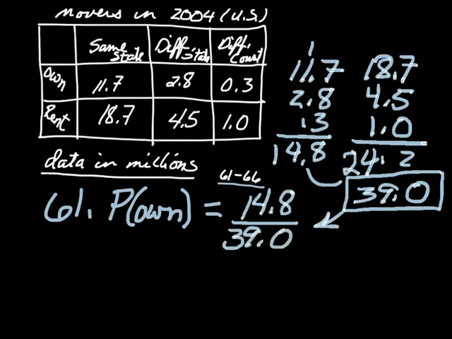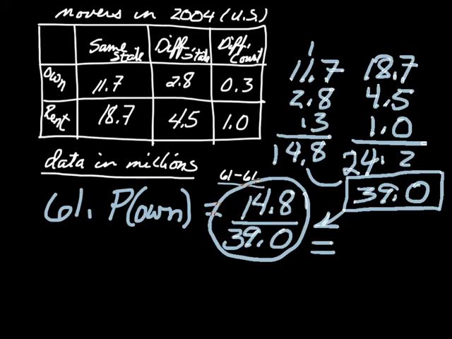And so what's the probability that somebody who moved was an owner? Well, it's 14.8 million over 39 million, or if you wish, 14.8 over 39. And you can use a calculator to then change that to a decimal, which is also what you do typically when you do these problems.